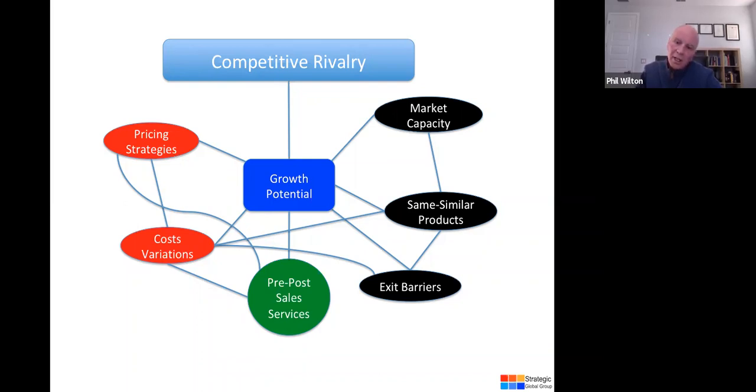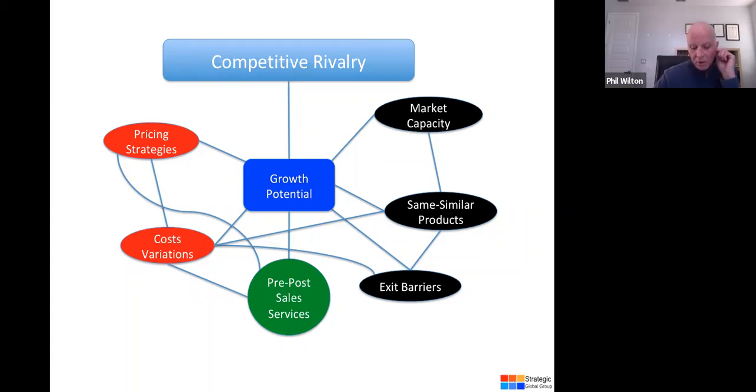If you've got money invested in your product and somebody comes in with something similar or the same, how much have you put into that product? And do you have the resources and capabilities that you can counter that person coming in with the same or similar product?